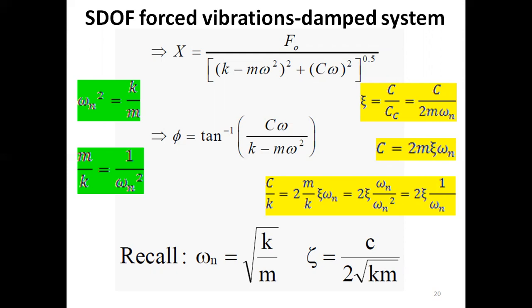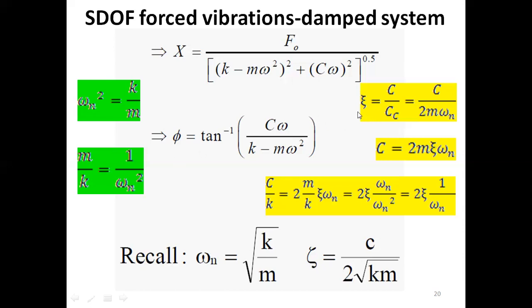So we would be trying to make this equation dimensionless, so that we don't care about the system of units. We know that omega n square, the natural frequency of the system, is k by m. So we could write m by k equal to 1 over omega n square.